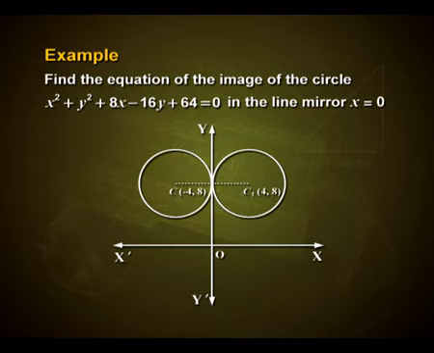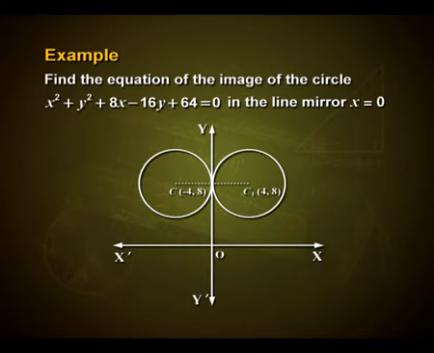Find the equation of the image of the circle x square plus y square plus 8x minus 16y plus 64 is equal to 0 in the line mirror x is equal to 0.